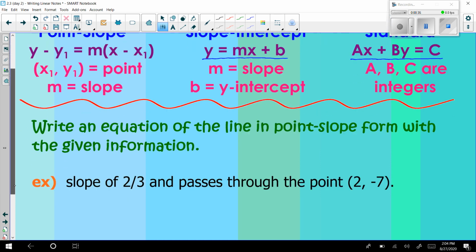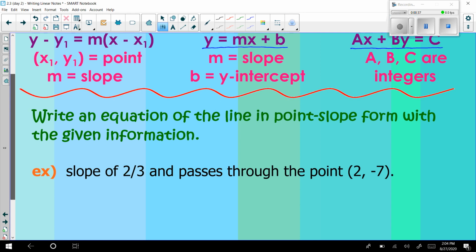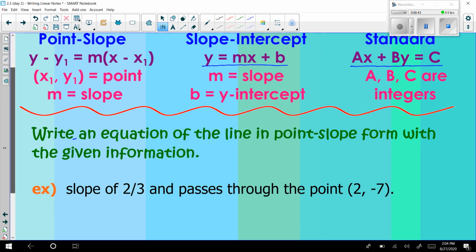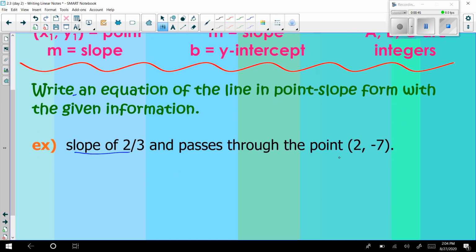All right, we have an example here. It says write an equation of the line in point-slope form with the given information. So it gives us a slope, and it gives us a point. So again, point-slope form is y minus y1 equals the slope times x minus x1. So we're going to fill in what we know. This is our (x1, y1), and our slope is m.